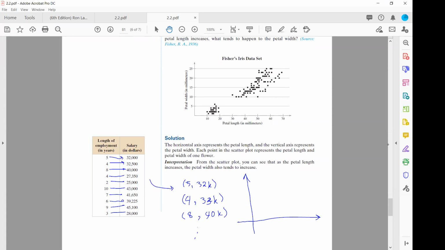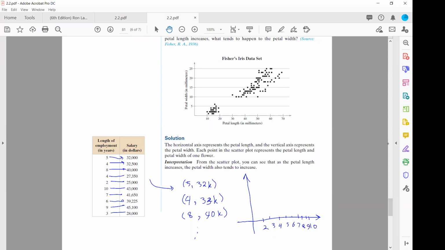On the horizontal axis, you can just list these years. The smallest is 2 years, and the largest is 10 years. So 2, 3, 4, 5, 6, 7, 8, and 9 years.